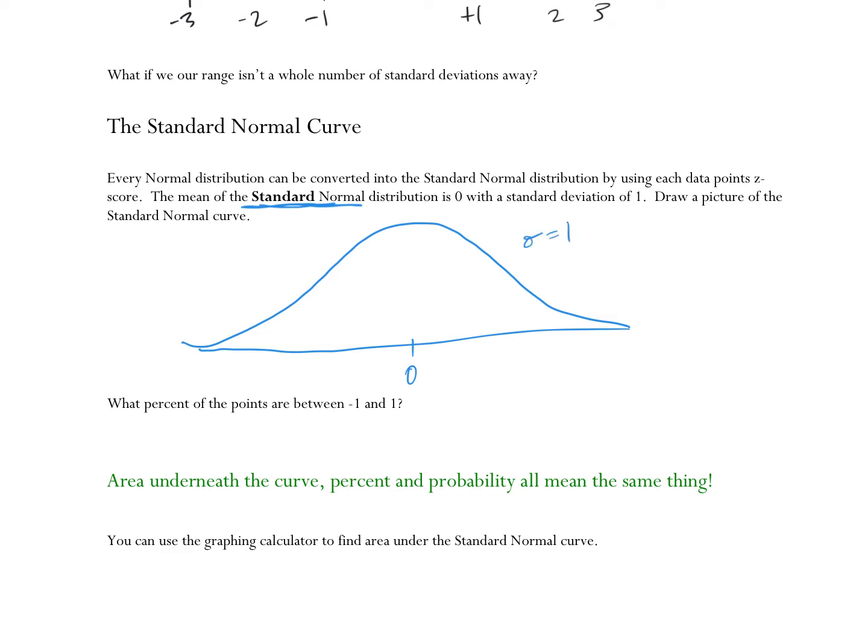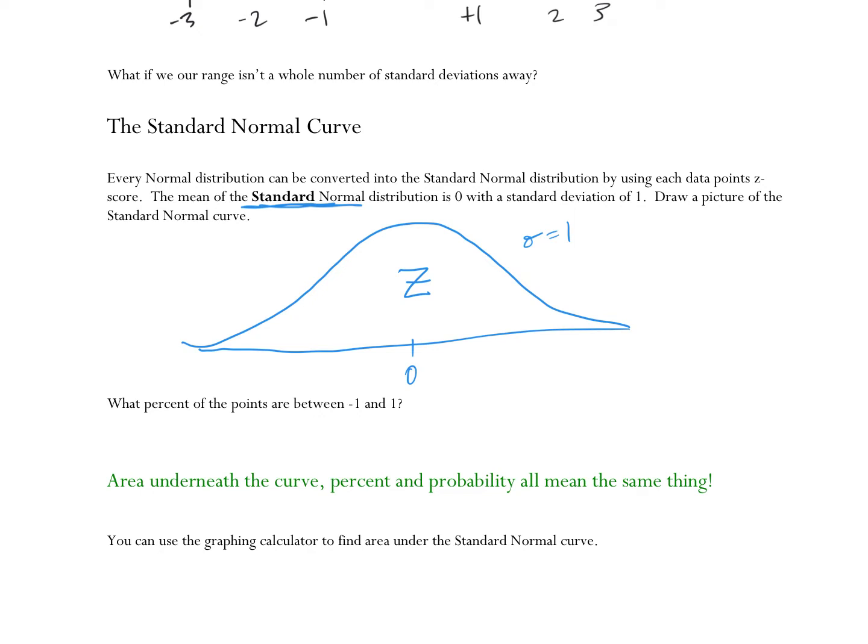And it turns out, remember how we calculated those z-scores? The z-scores were how many standard deviations above or below the mean, yeah? This is a graph of all z-scores, okay?